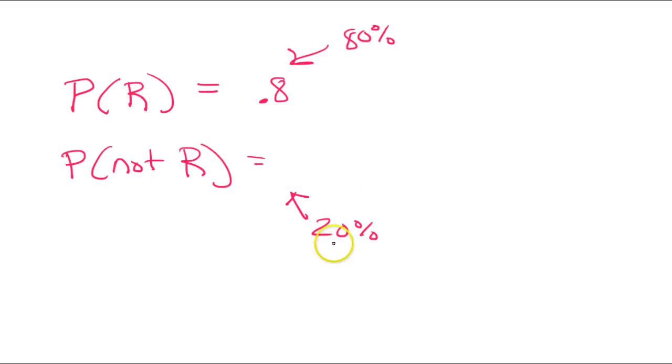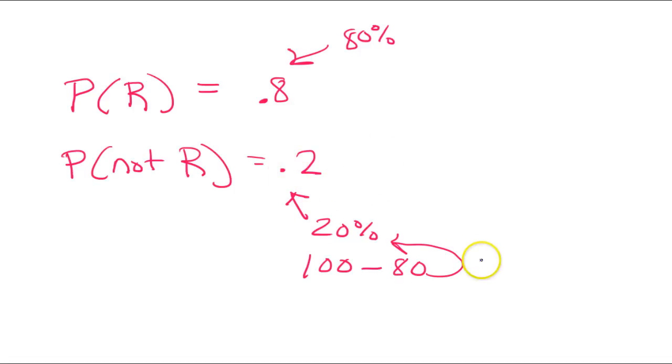In other words, I did 100 minus 80, and that gave me the 20%. But if I want to deal in decimal form, if the probability of raining is 0.8, the probability of not raining is 0.2.